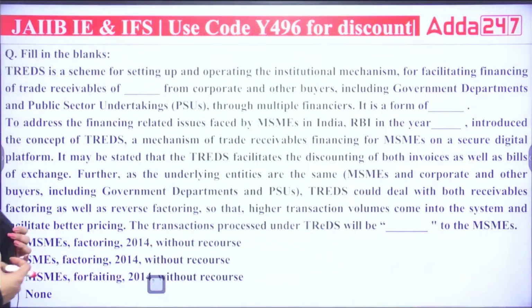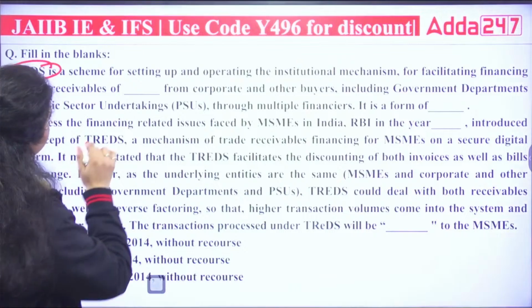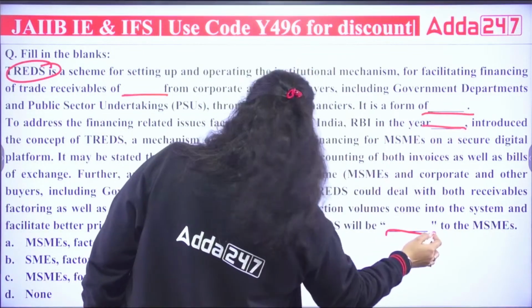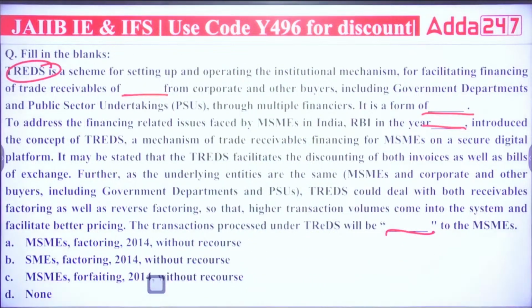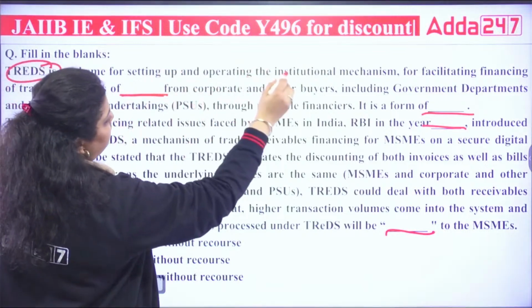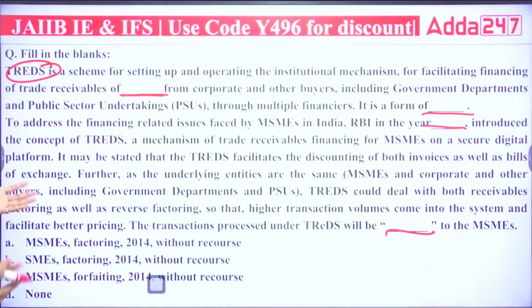Now, next question is filling the blanks about TReDS. Okay, and we have how many blanks? 1, 2, 3, and 4. 4 blanks we have. So first is asking, TReDS is a scheme for setting up and operating the institutional mechanism for facilitating financing of trade receivables of dash from corporate buyers, other borrowers including government departments, public sector undertakings through multiple financiers.